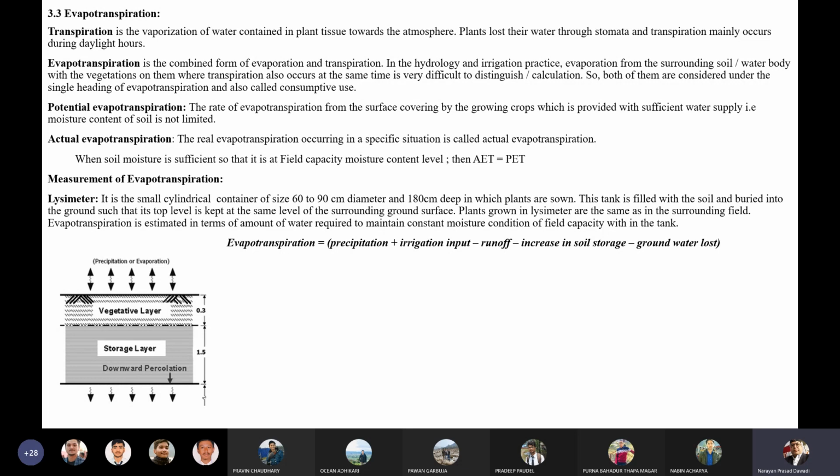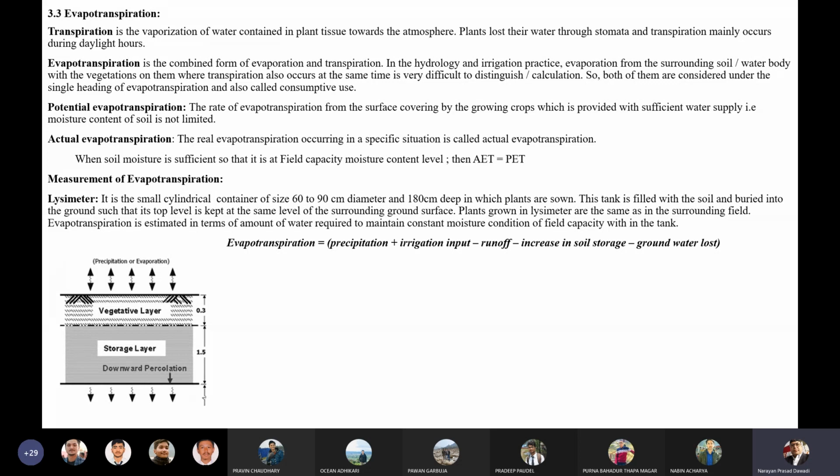So the evapotranspiration is calculated by using total precipitation plus irrigation input that is supplied to the field lysimeter, minus runoff, which may be from the surface of the lysimeter, and minus the increase in soil storage. The soil storage at the start of the lysimeter was one level, and after the evapotranspiration, the soil storage may be increased or decreased due to the input of water.